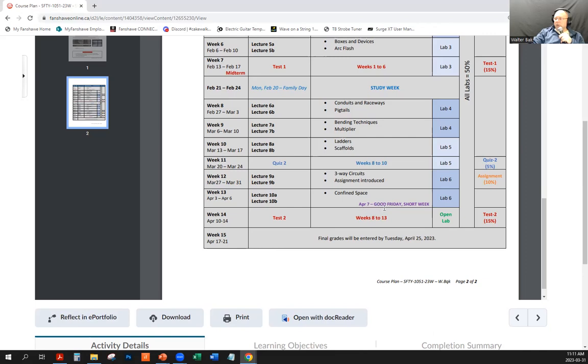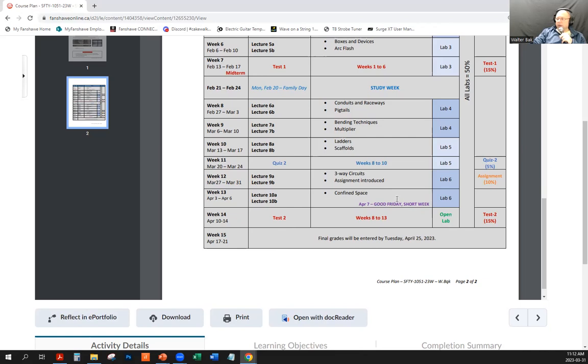April 7th, 2023, is Good Friday. So if you have any plans on making up or performing any makeup labs or anything like that during some of the open lab sessions, our open lab session is week 14.